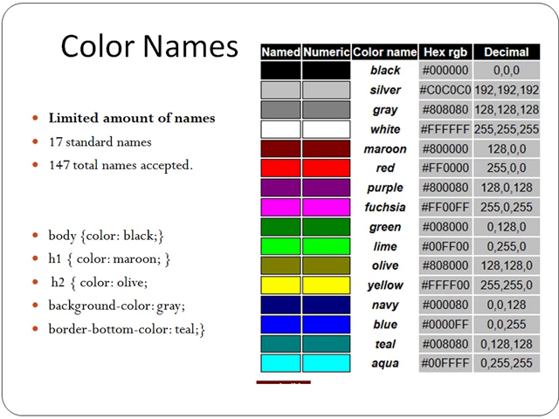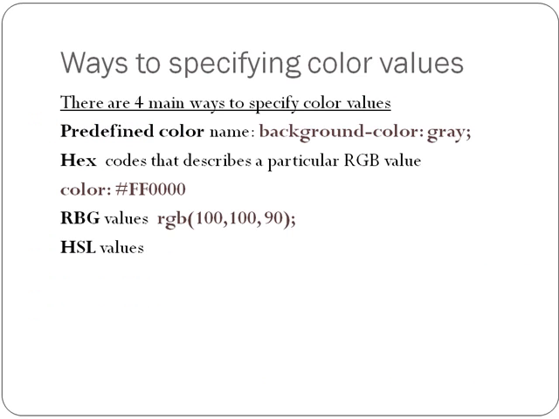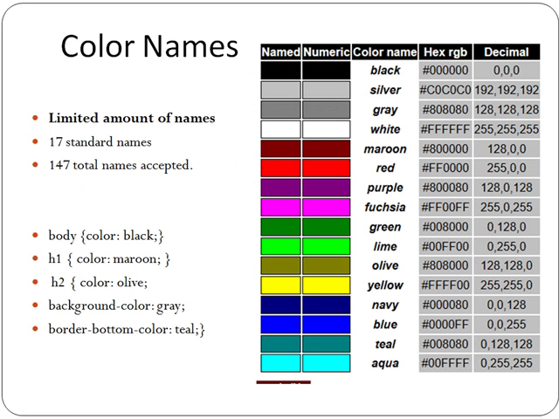If you want to use just color names, like in this first example, where you just want to put in color, background color, gray, for example, there are 17 standard names, but about 147 total names that are accepted. So in a way, you're kind of limited because you need to make sure that the name you've listed is one of those standard names.